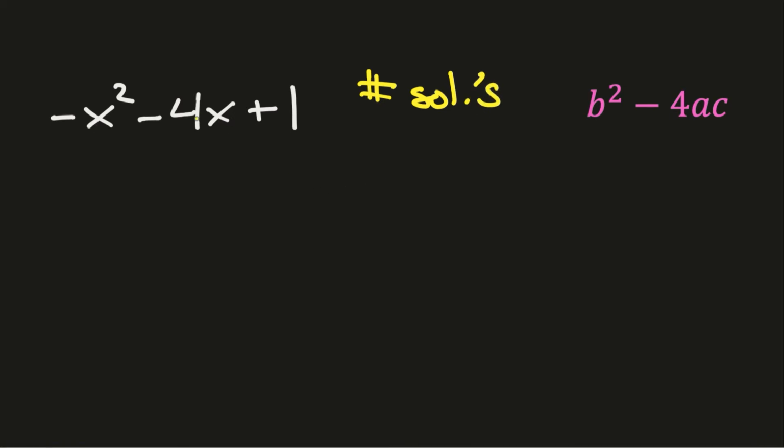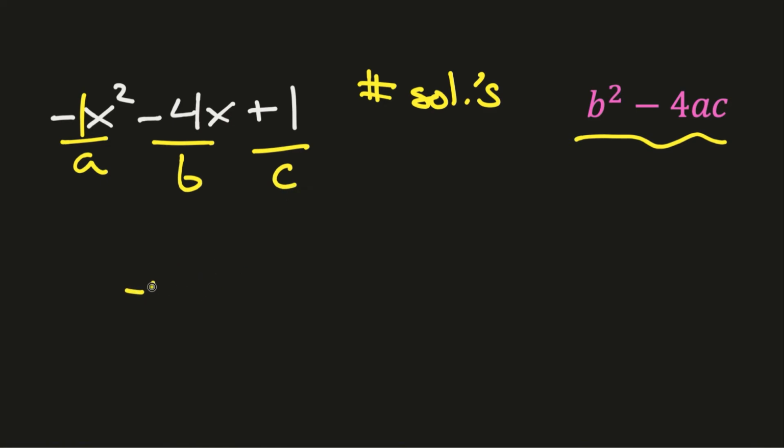We now have a different example, and we want to find the number of solutions to this quadratic equation. So, using our discriminant formula, we know that this is b, this is a, so negative 1, and then c. So, we have negative 4 quantity squared minus 4 times negative 1 times 1.